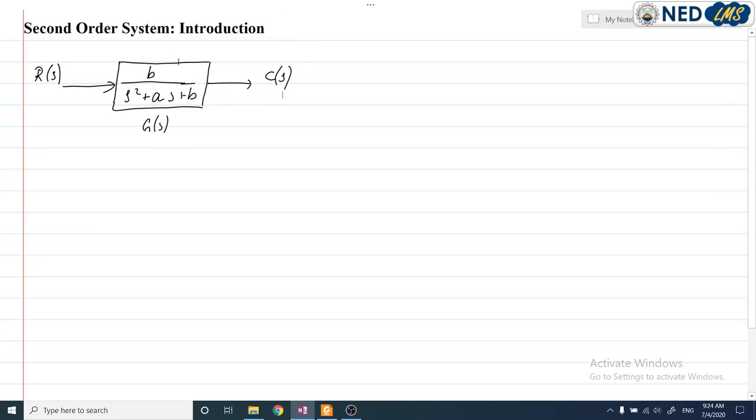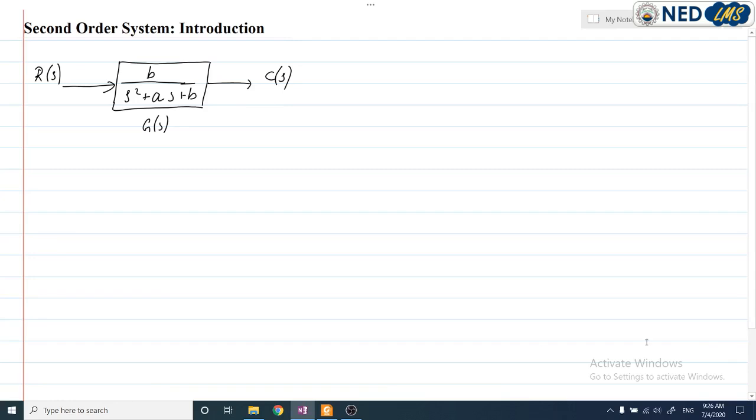Here the term b in the numerator is simply a scale, or we can say an input multiplying factor that can take on any value without affecting the form of the output response. It only affects the amplitude of the component parts of the output response.